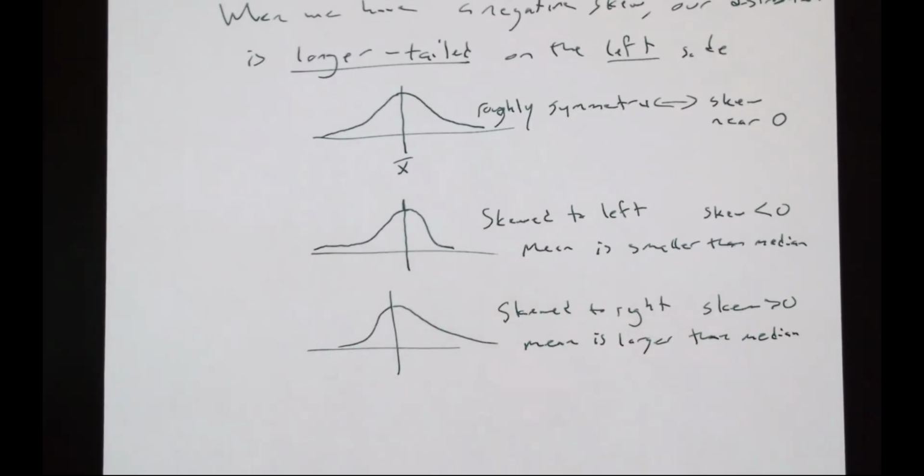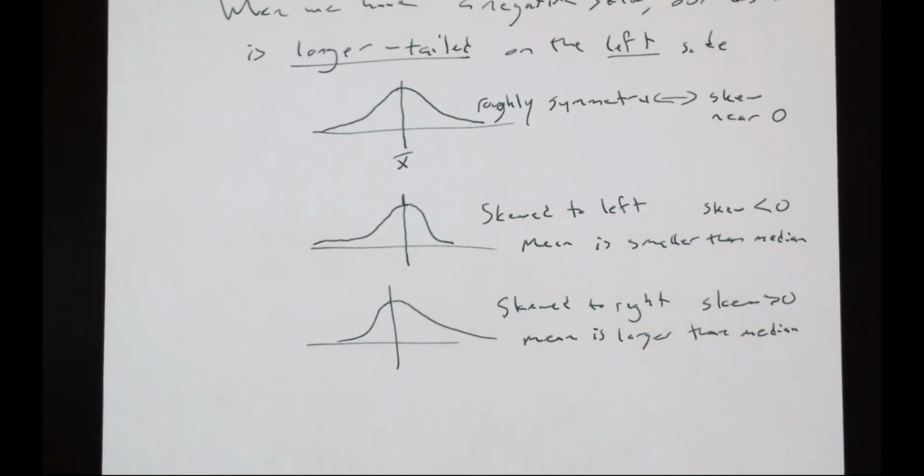And in one sense, it is quite easy to calculate skew as the difference. Median minus mean, that'll be a negative. Mean minus median, that'll be a positive. But I actually have never calculated skew by hand, ever.